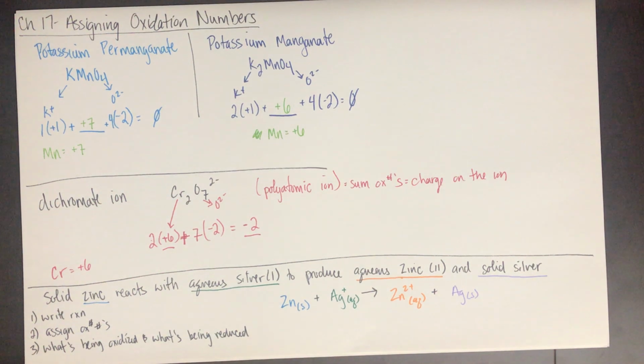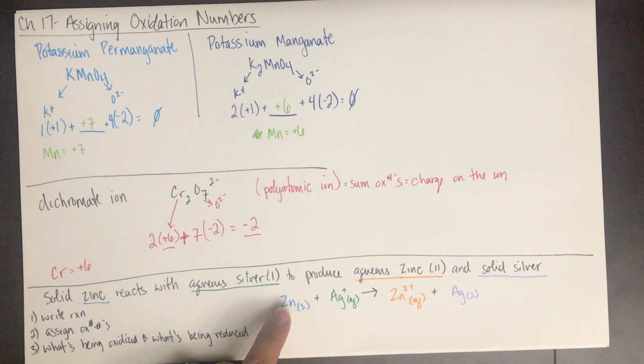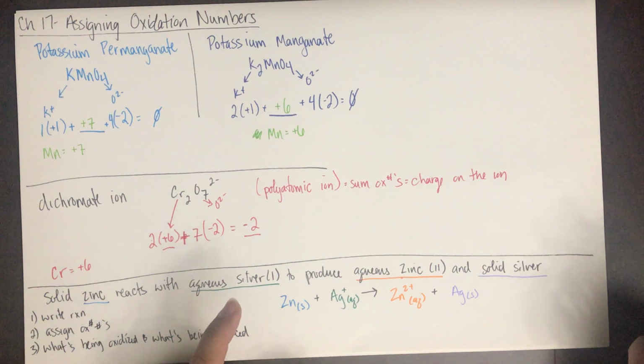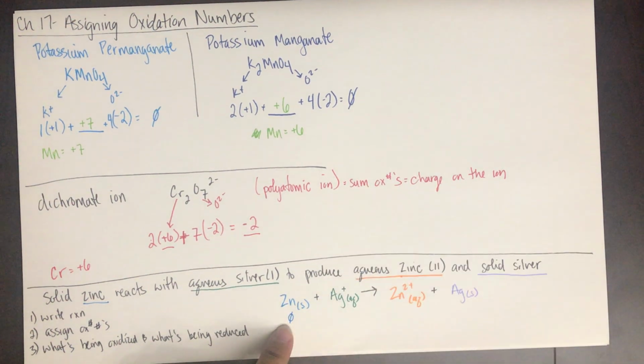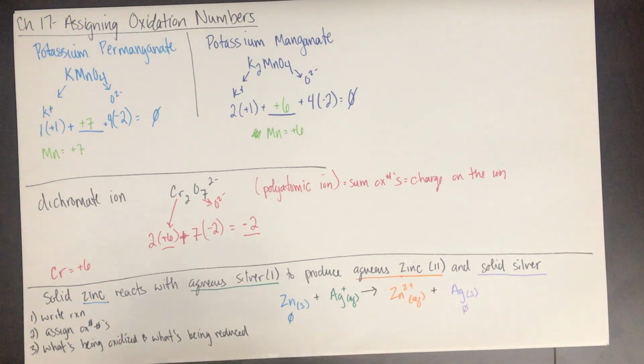We just wrote it. So now we can assign oxidation numbers to all of the species, reactants, and products in this equation. Well, the rule says that atoms have an oxidation number of 0. So that means the oxidation number of zinc is 0. That also means the oxidation number of this solid silver is 0.